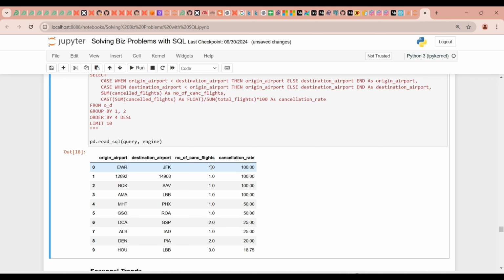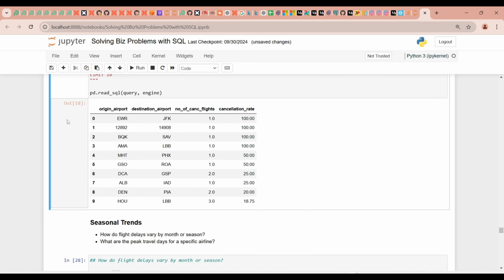So what I would say to determine this cancellation rate is, if the number of flights a particular route has is more than the average number of flights comparing all the routes.